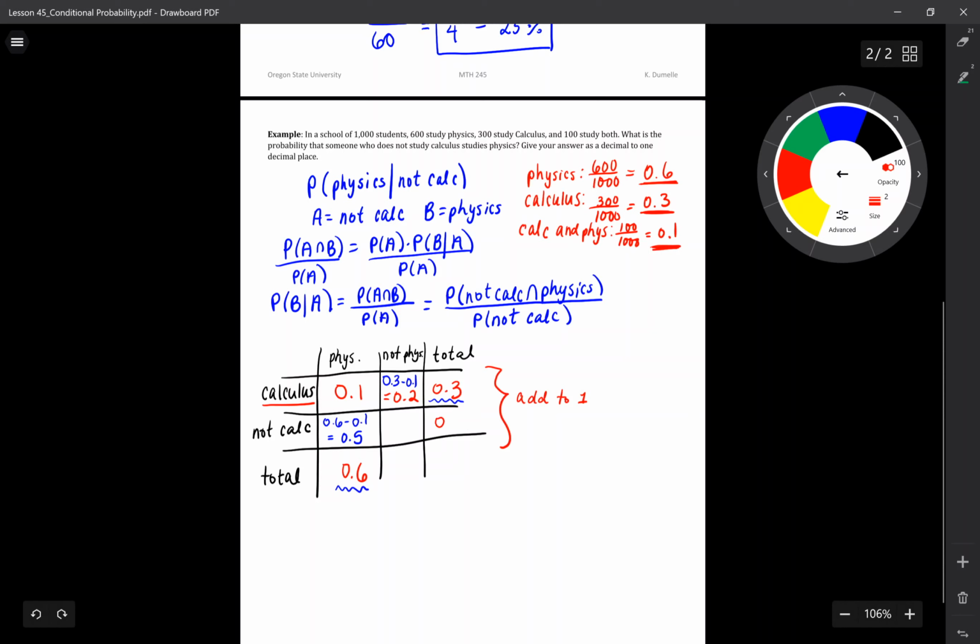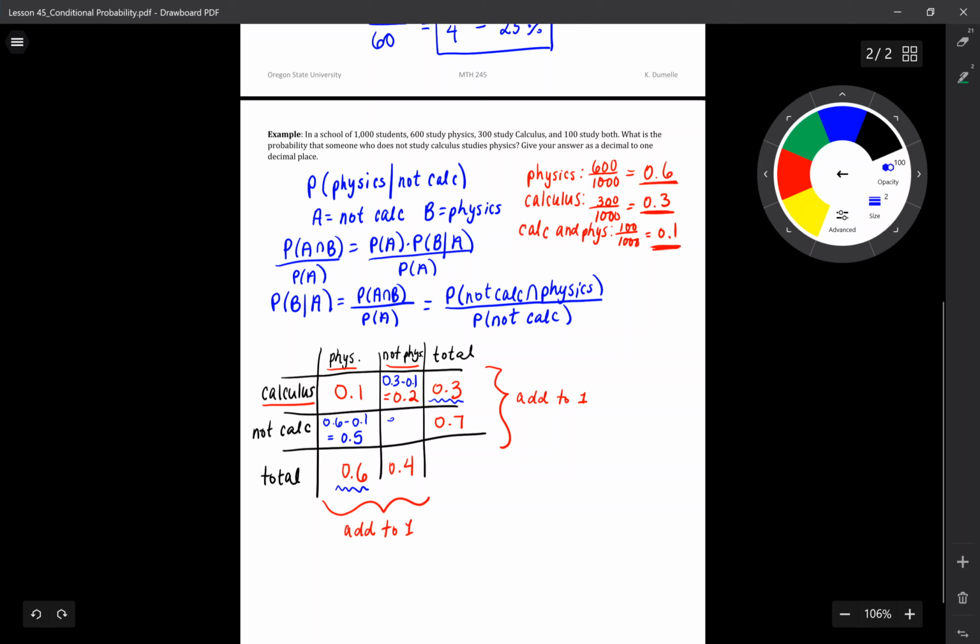So this has to be 0.7, which is 1 minus this 0.3. I also know that this represents people who are taking physics and people who are not taking physics. Again, that's everybody. You're either taking physics or you're not. So that number has to add to 1 as well. So this has to be a 0.4. That's 1 minus 0.6.